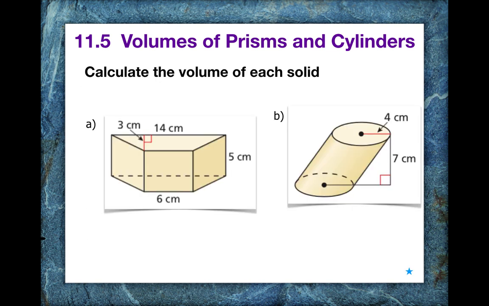So let's calculate the volume of each one of these solids. Over here we have a trapezoid base, and there's two of them, and we have a height of 5 centimeters. So I'm going to have a little triangle here, and the triangle is going to be 3 centimeters in this direction.